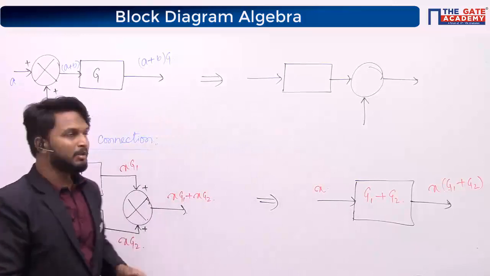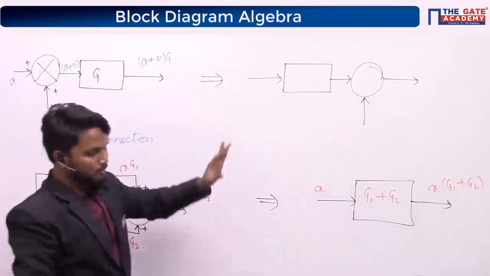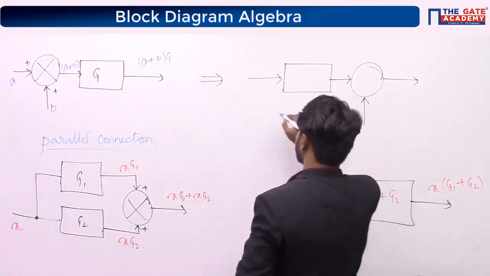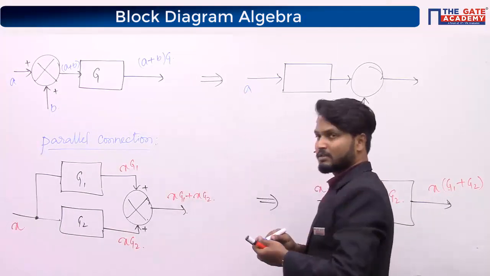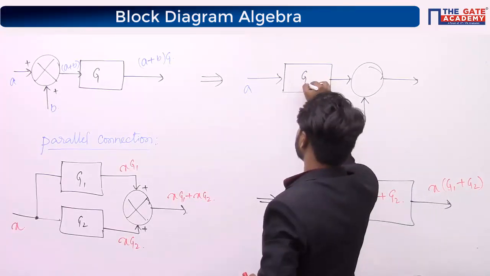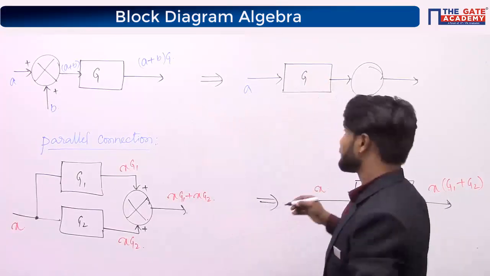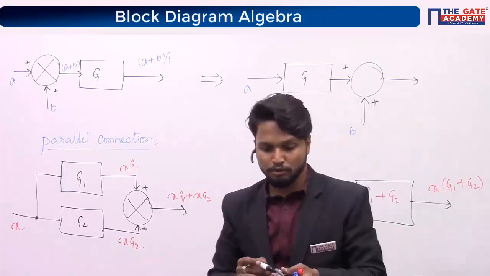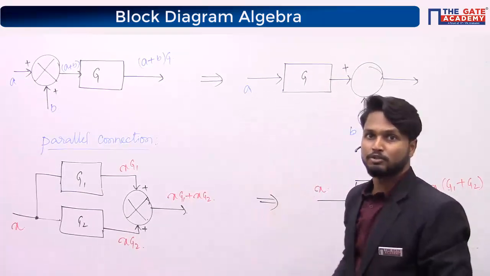I am giving A and B as inputs here, and I will also give A and B as inputs here. Then the outputs given by this system and this system both should be same, right? In order to make this happen, what modification should I do?